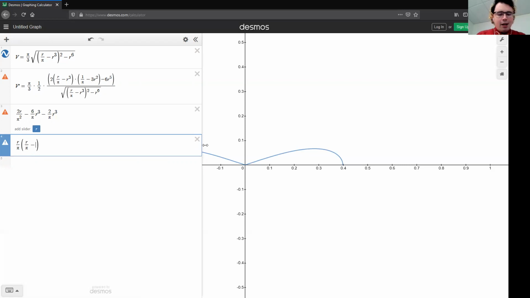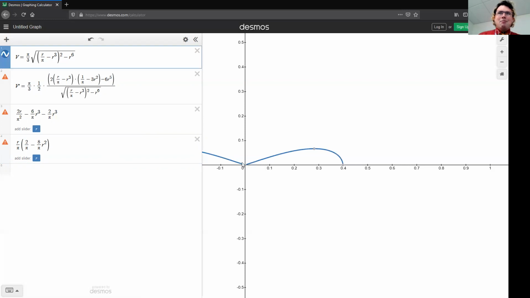And then my r squared term, I combined a 6 over pi, a 6 over pi, a 2 over pi. So altogether that should be an 8 over pi, like so. That's supposed to be a 2. So r equals 0 is one solution of this, but I'm pretty sure I don't want 0. That looks to be a minimum rather than a maximum.